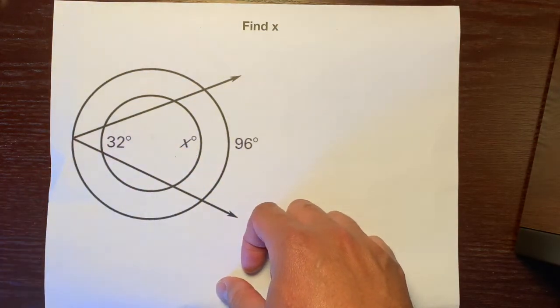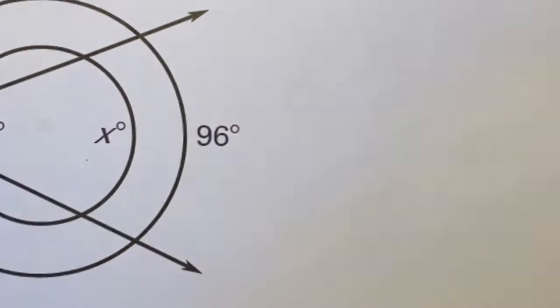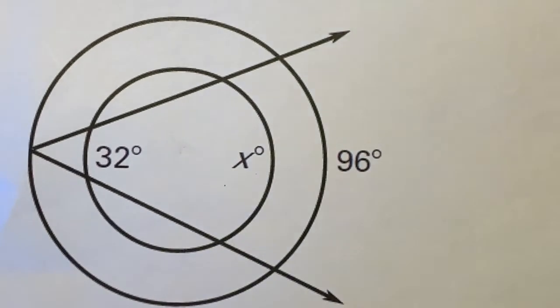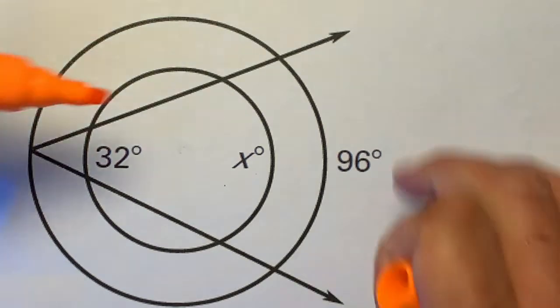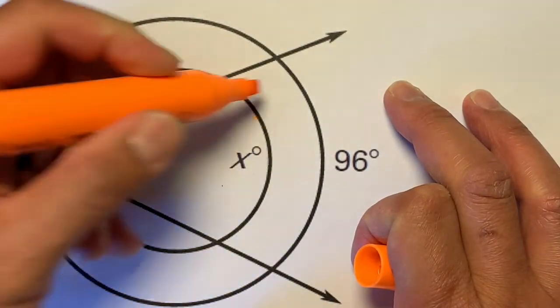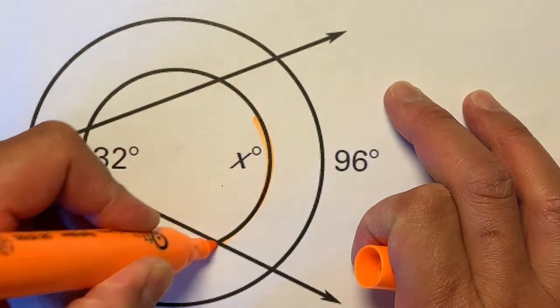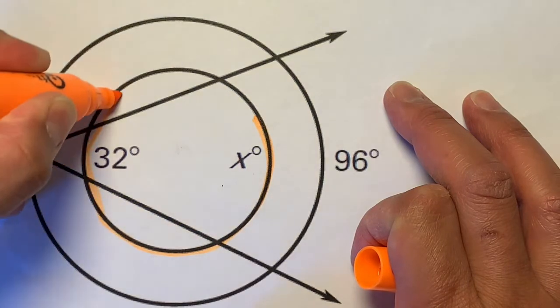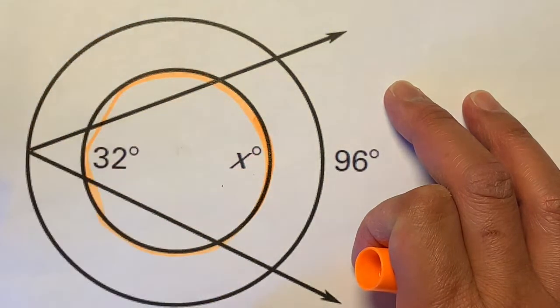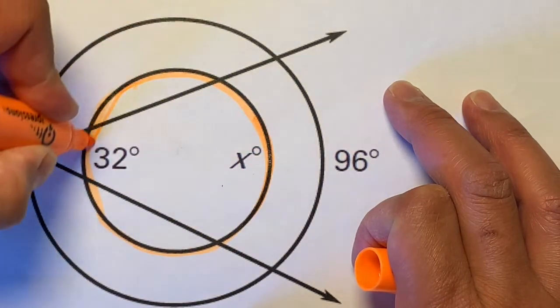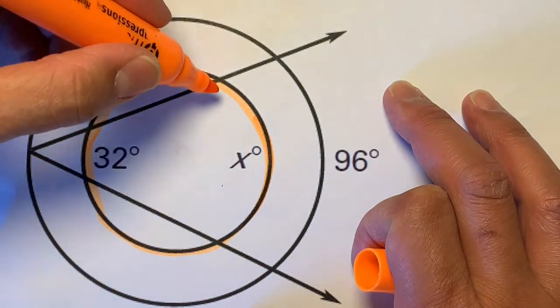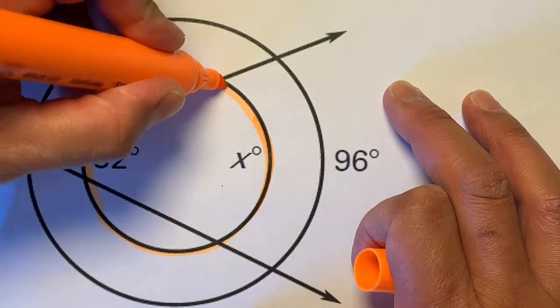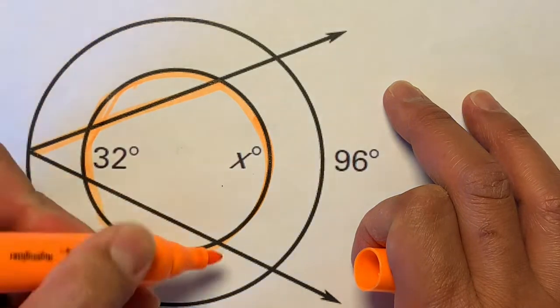So let's focus. Let's take our highlighter and let's focus on this inner circle. And I'm going to just highlight this inner circle so we can focus on this one first. And let's highlight this angle right here.